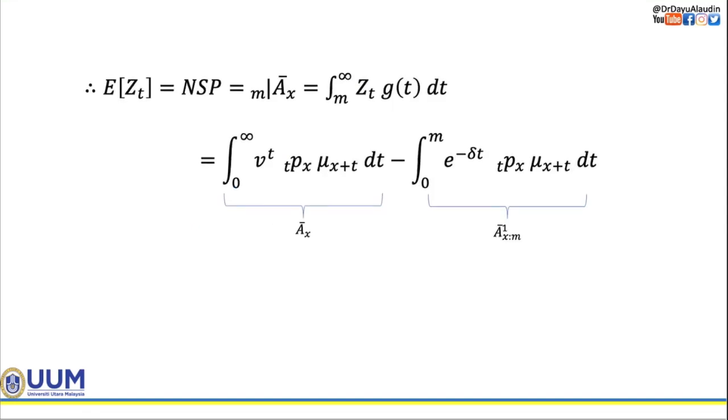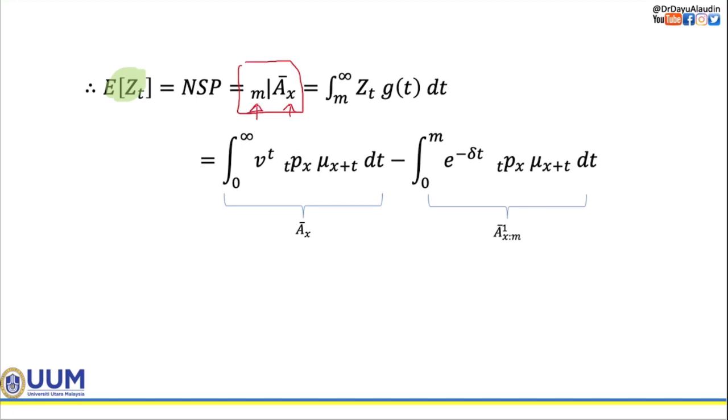Now we can find the net single premium, which is the expected value of the present value. So this is how we write down the notation. X is for the age and M is for the deferment years.